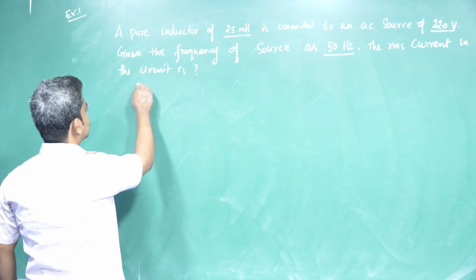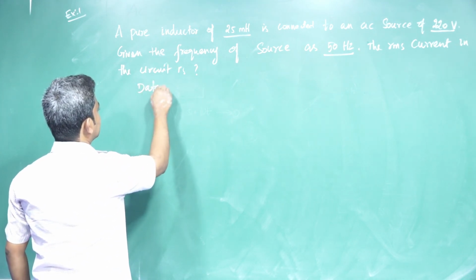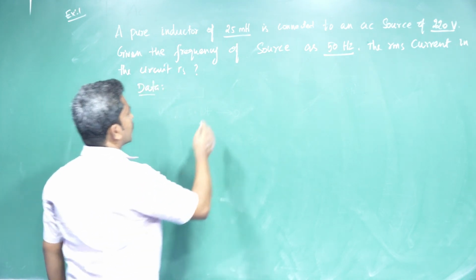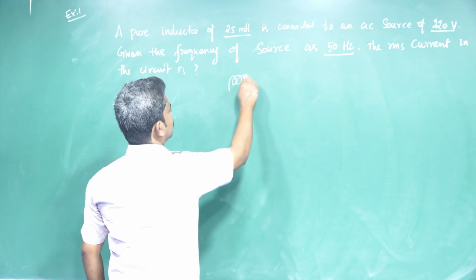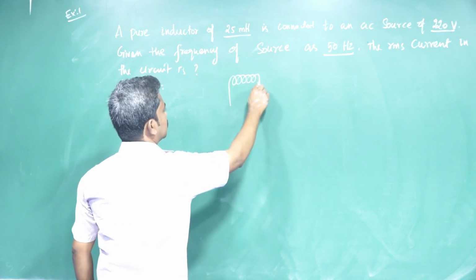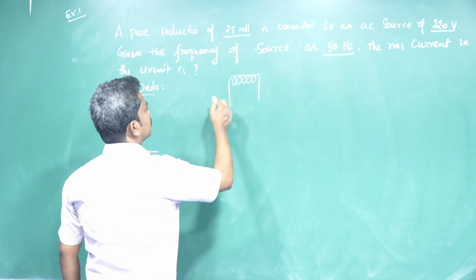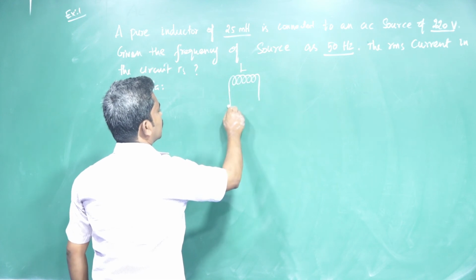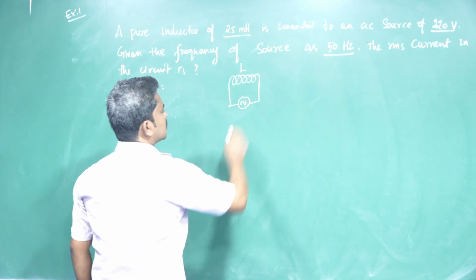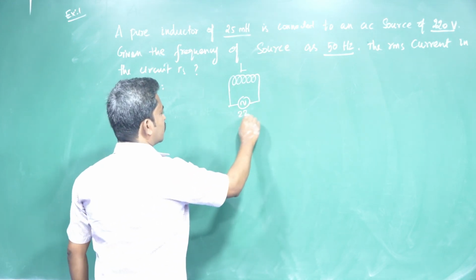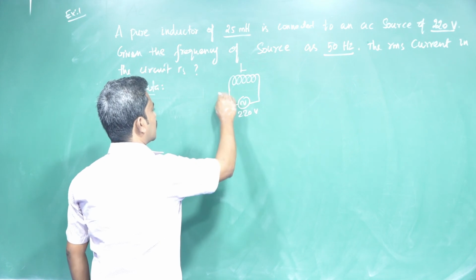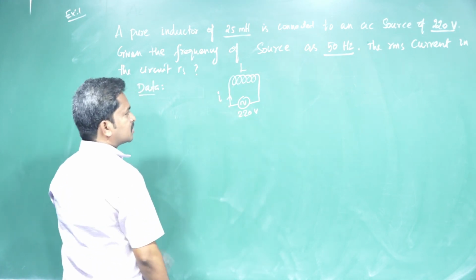First, just a simple diagram. I want to calculate the current through this inductor, with L value in millihenry, applied with an AC source. The AC source voltage is 220 volt, VRMS, and the flowing current is IRMS.